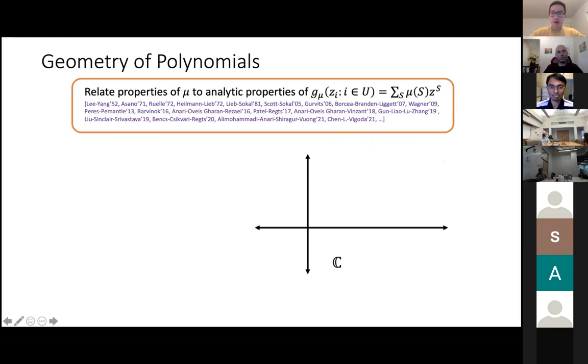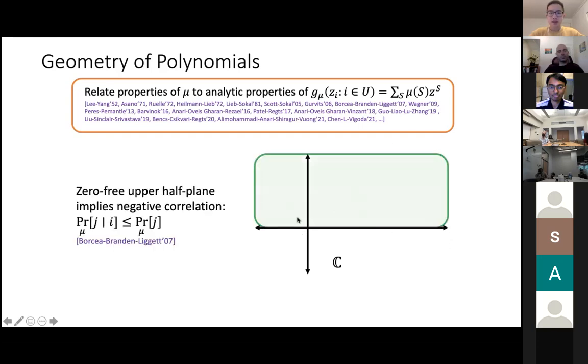Okay. So I have a polynomial, and in particular, I can ask where the roots of this polynomial are. Here I've drawn the complex plane. Now it turns out if I have a polynomial which is zero-free in the entire upper half plane, then this very beautiful result of Borcea, Brändén, and Liggett shows that your distribution is negatively correlated.